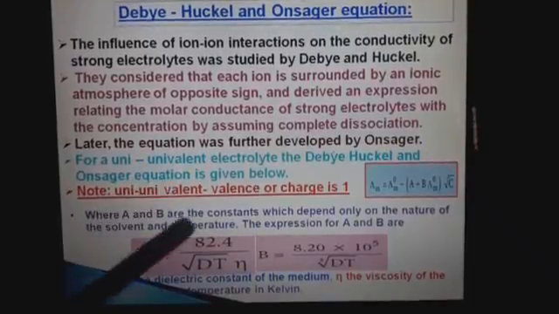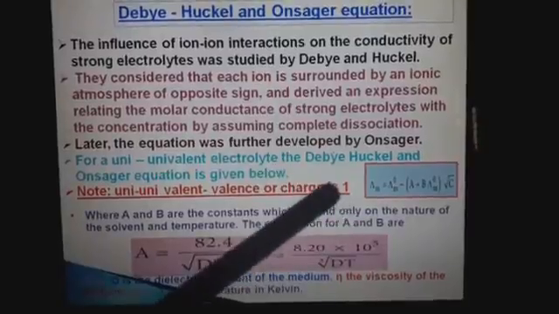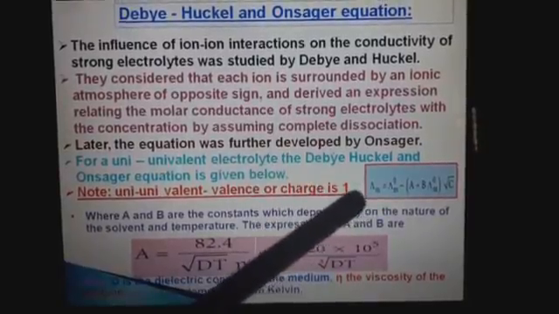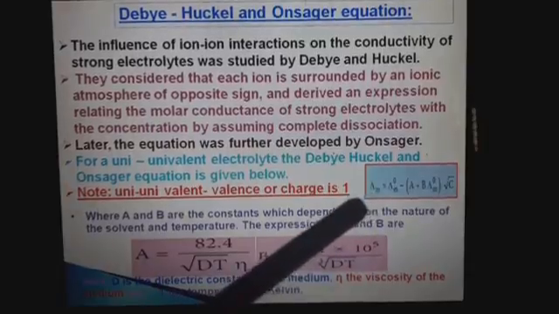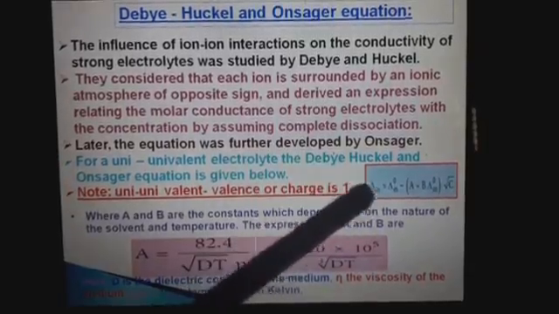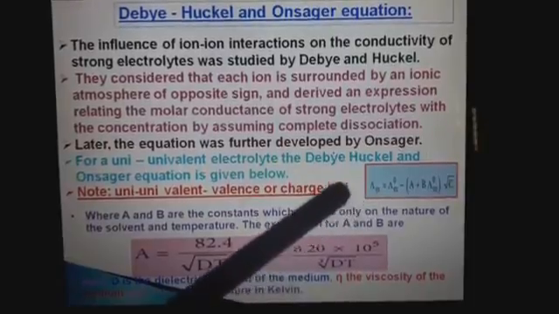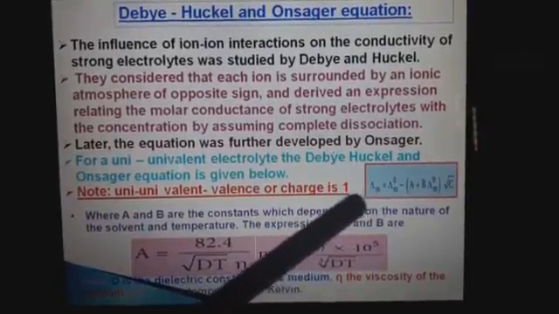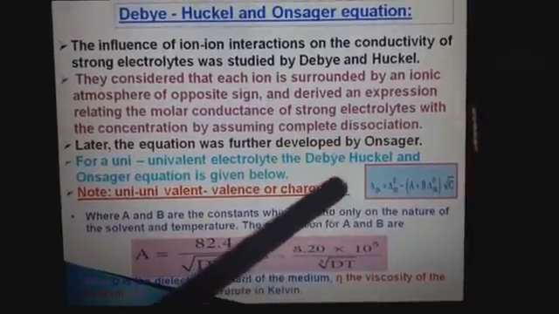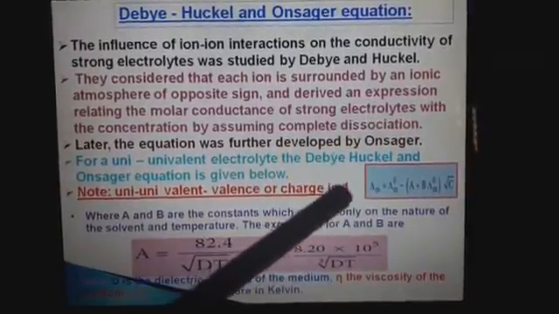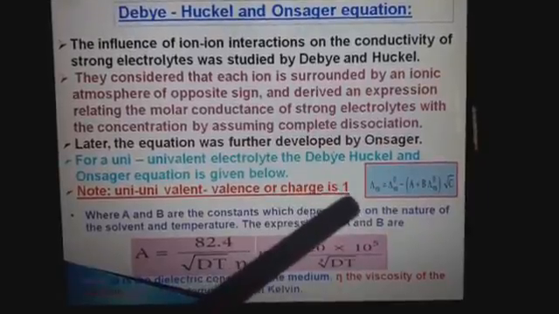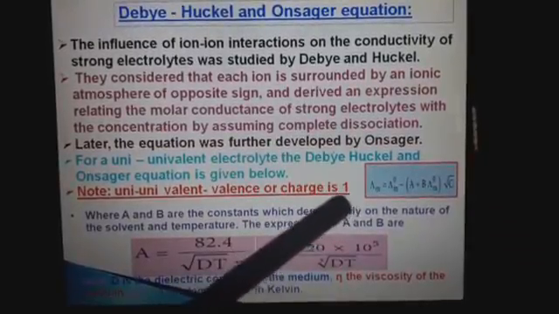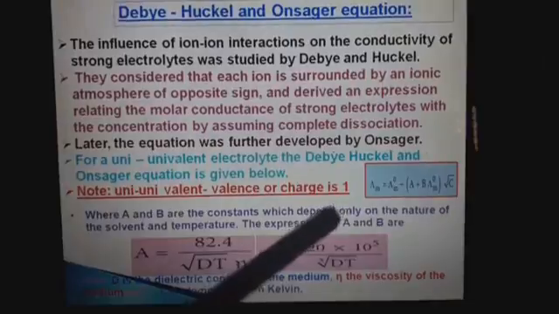The Debye-Huckel-Onsager equation for univalent electrolyte: lambda m is equal to lambda 0 m minus (A + B lambda 0 m) root c. This is the relationship for a univalent electrolyte.